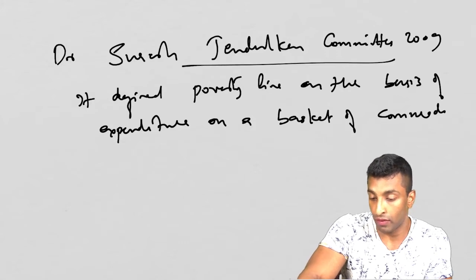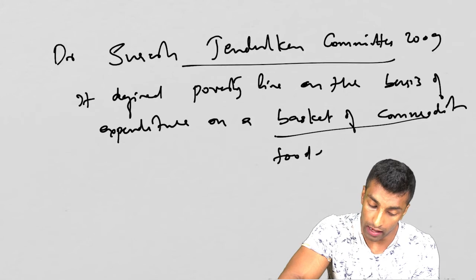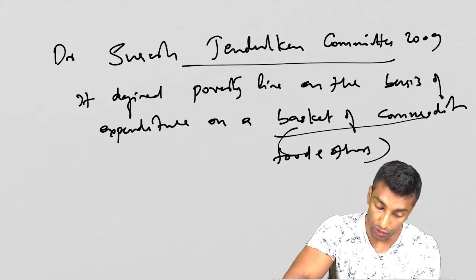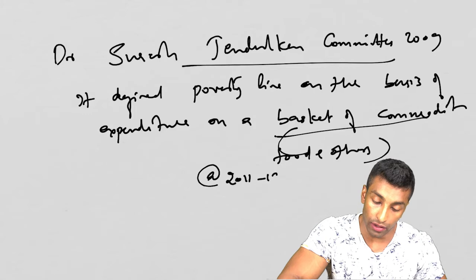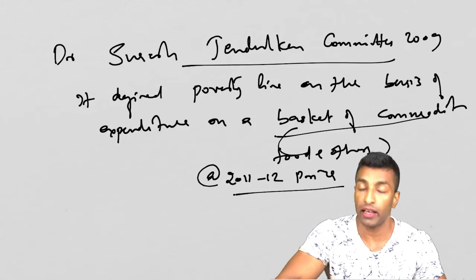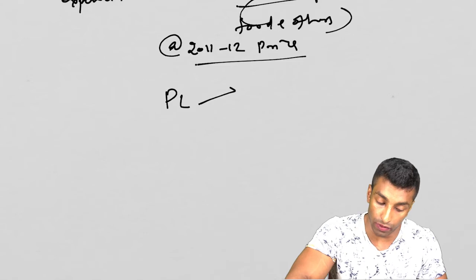Here, the basket of commodities includes food and others. Some other items are also included, and it was taken at 2011-12 prices. And he has given the poverty line.